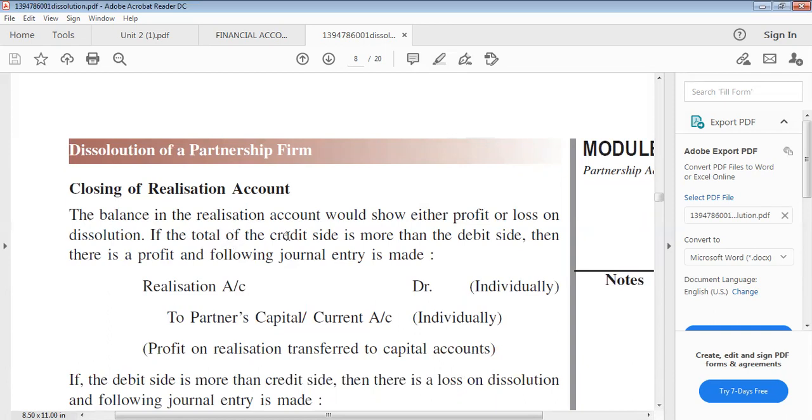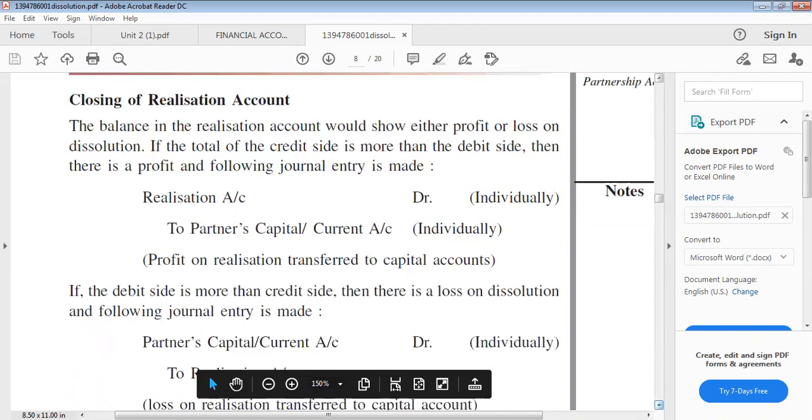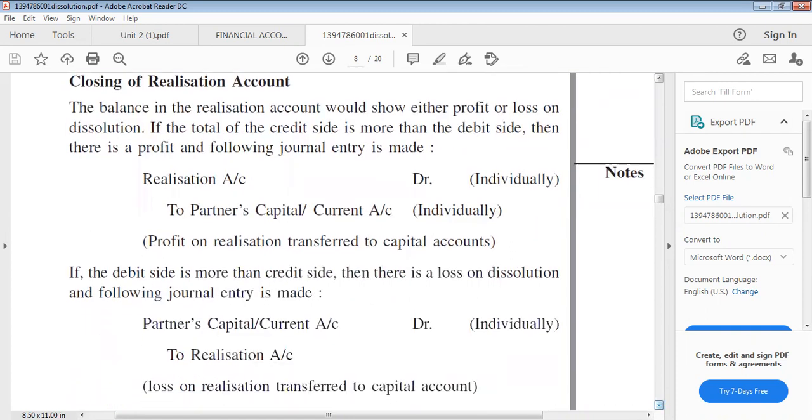If the total of the credit side is more than the debit side, then there's a profit, and the following journal entry is made: debit realization account, and then you what? Credit partners' capital accounts individually. Profit on realization transferred to the capital accounts.